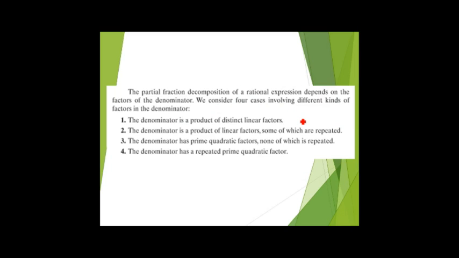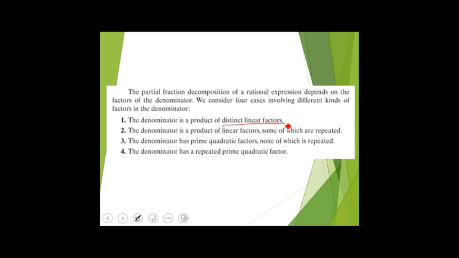To express the rational fraction into its partial fractions, we will examine the nature of the factors of the denominator. There are four cases involving different kinds of factors in the denominator. First case is when the denominator is a product of distinct linear factors.